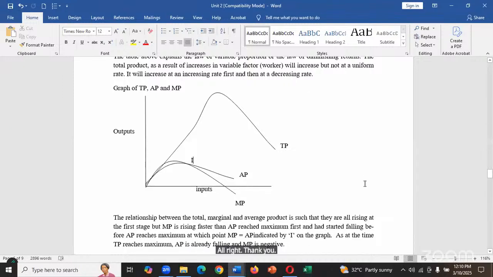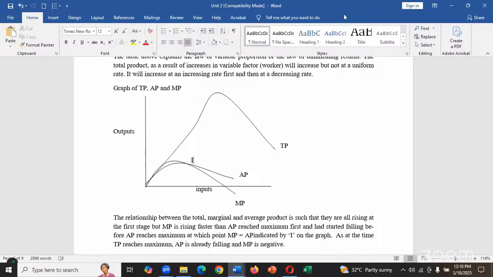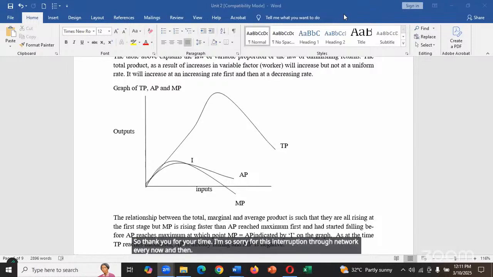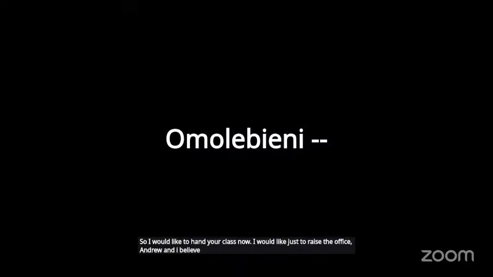Once I'm able to compile this, I will send it to the class rep and it will get across to you. So thank you for your time, and so sorry for this interruption through network every now and then. Network issue everywhere. All right, thank you. So I would like to end the class now. Abolaji still raised his hand, and I believe it's by mistake.